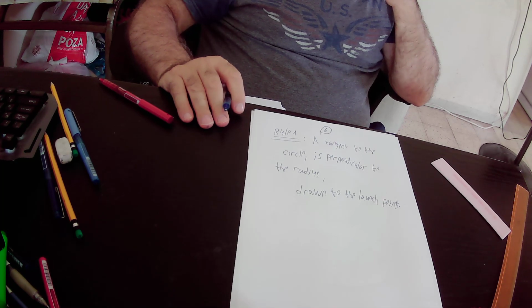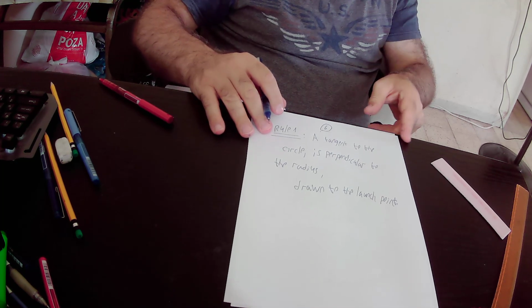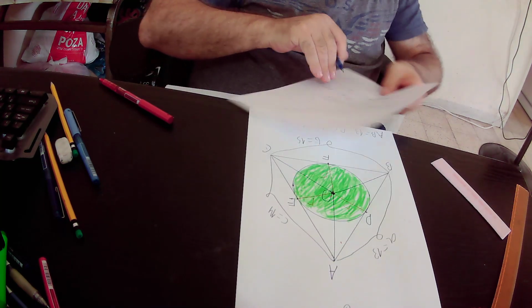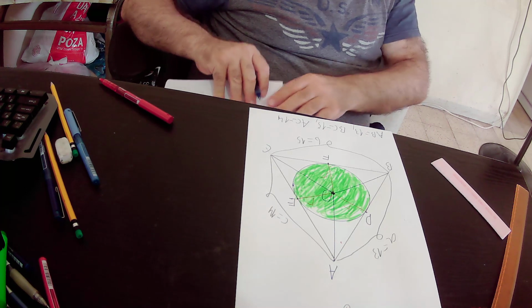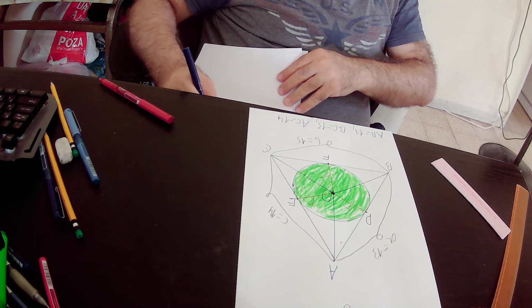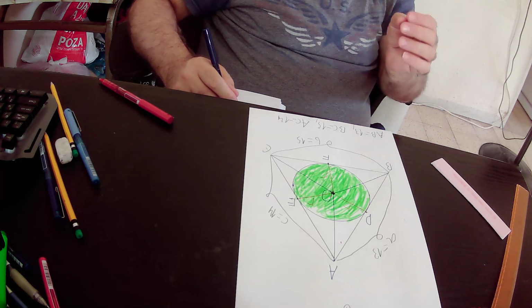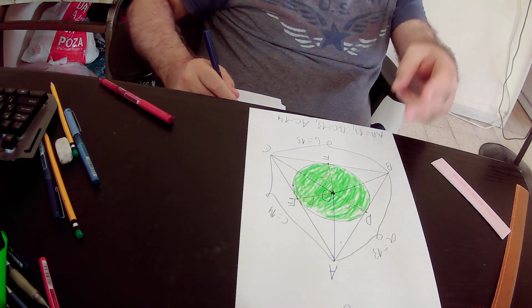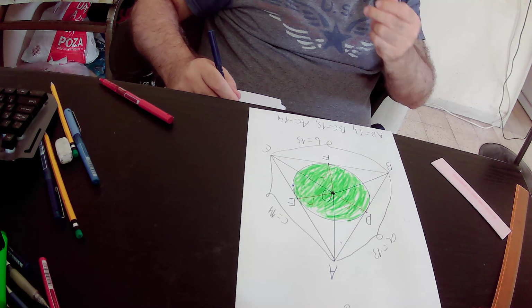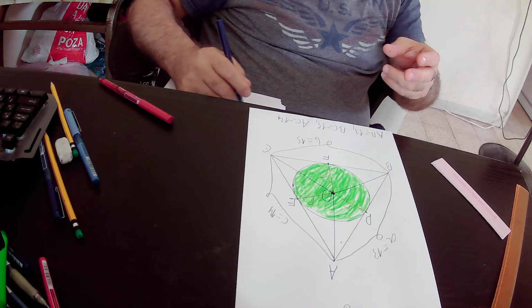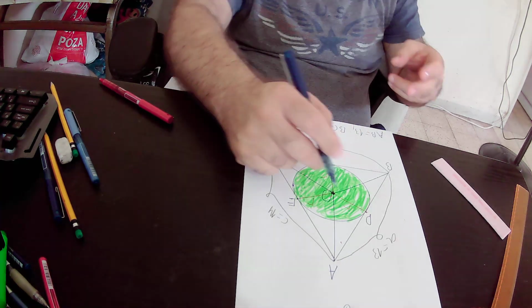So actually, according to rule number 1, whenever you draw a radius that is drawn to the launch point, that radius will be perpendicular to its tangent.